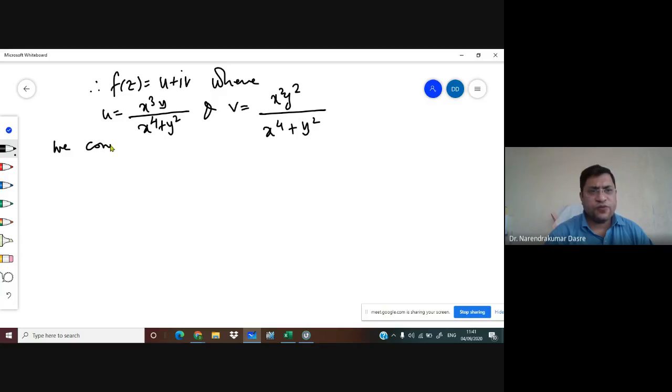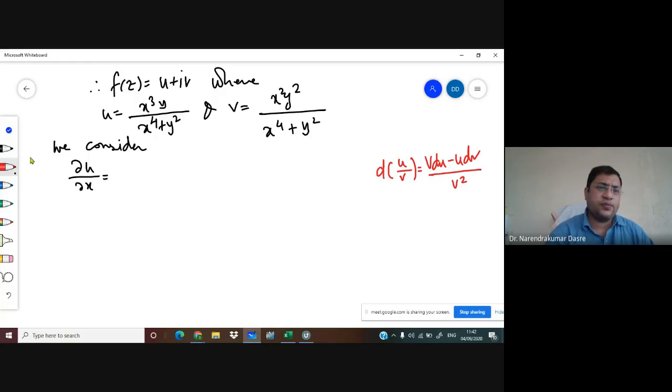Okay, so we consider the derivative of u with respect to x. So we know the derivative of u upon v: it is v derivative of u minus u derivative of v on v square.